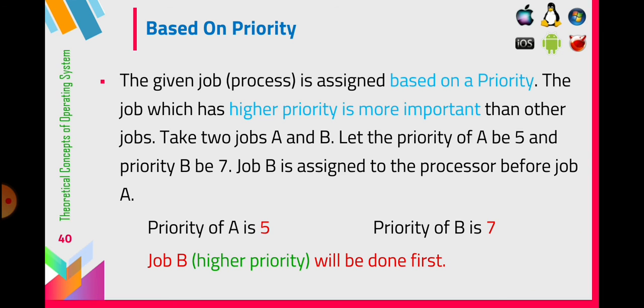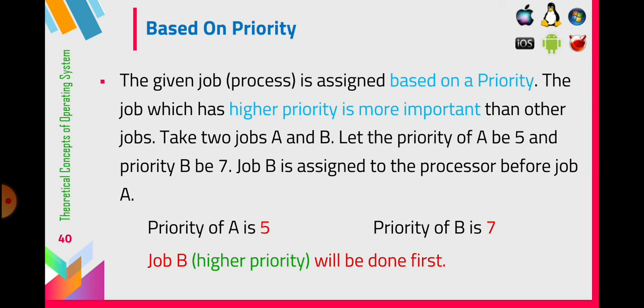The given job is assigned based on priority. The job which has higher priority is more important than other jobs. Take two jobs A and B. Let the priority of A be 5 and the priority of B be 7. Job B is assigned to the processor before job A.